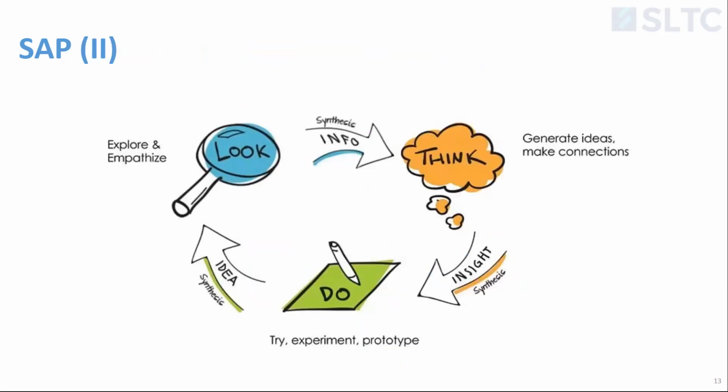Another one, again from SAP. First you look, explore and empathize. You look for issues, you look for improvements, and then you synthesize, you start thinking about it. This is where you need experience. If you don't have experience, there is nothing to think. So you need to get the people with experience.